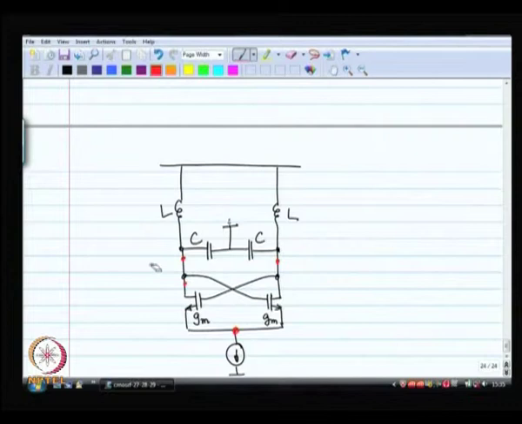There is C source to bulk, that is irrelevant because source is at signal ground, bulk is also at signal ground.